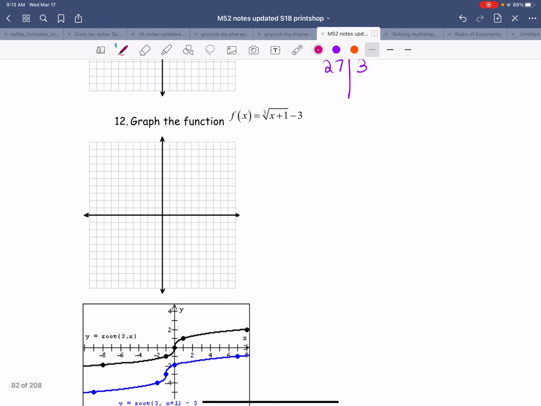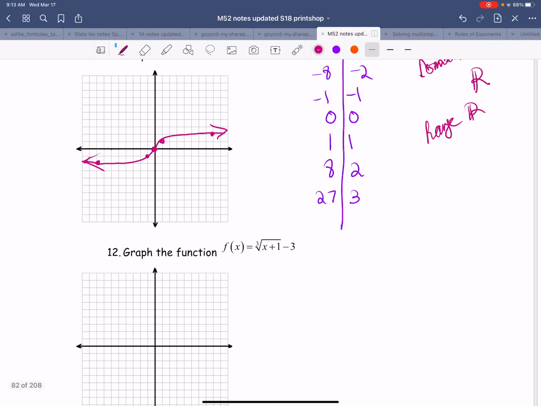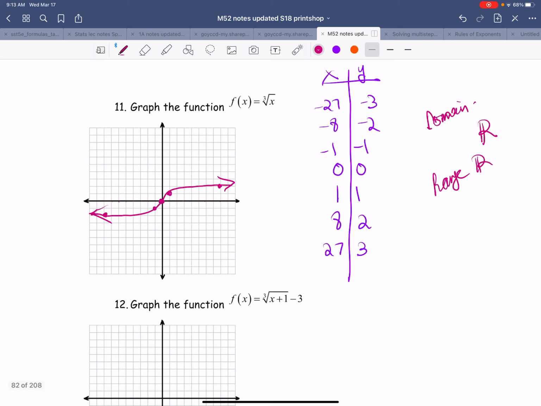Let's check out one last example, number 12. Again, you can think of shifting, translating based on what we saw earlier. This is telling me it's going to move the graph 3 units down. And when I have plus 1, it is moved to the left 1 unit.